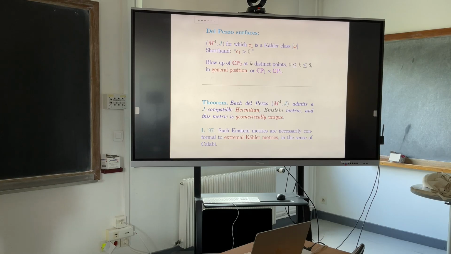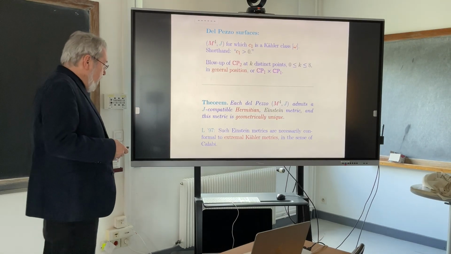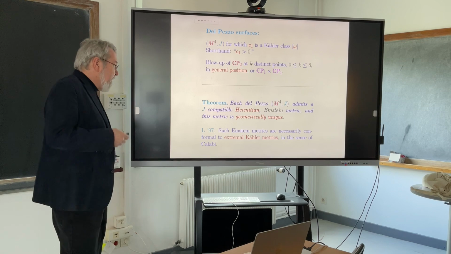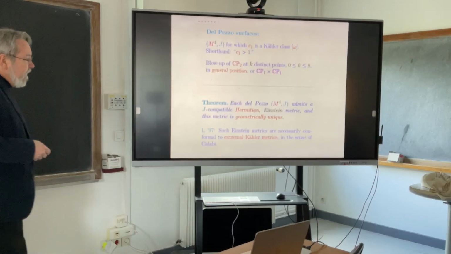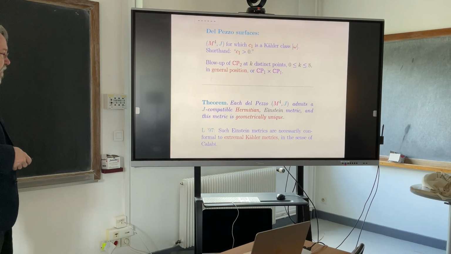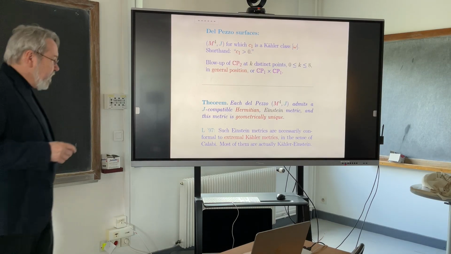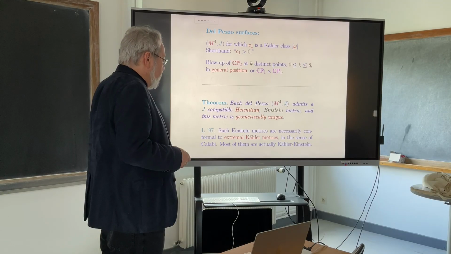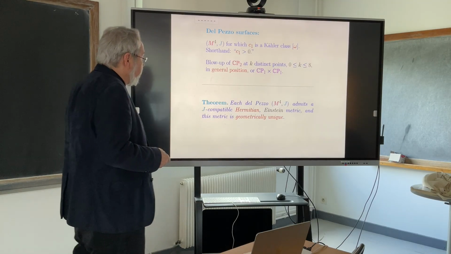In fact, one of the first things I did in the subject is show that every Einstein metric of this type is actually conformal to an extremal Kähler metric in the sense of Calabi. Most of them turned out to actually be Kähler-Einstein metrics, but there are two exceptions.